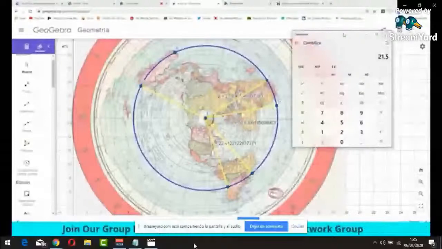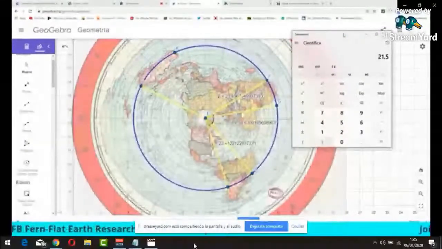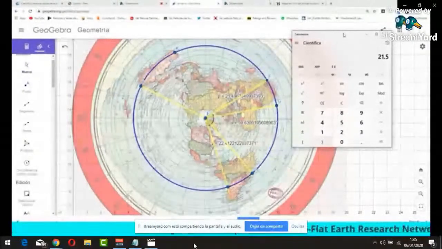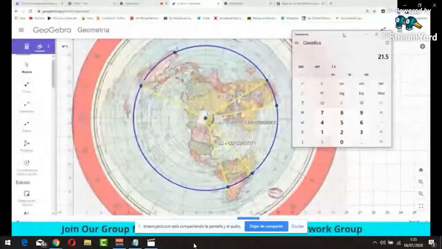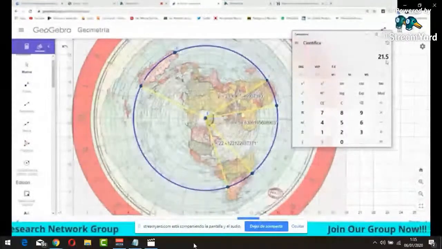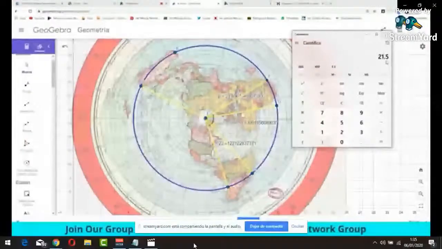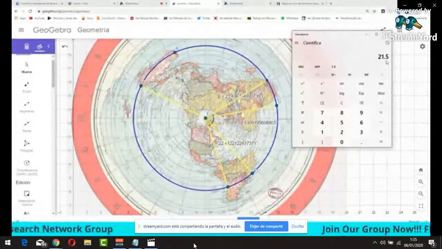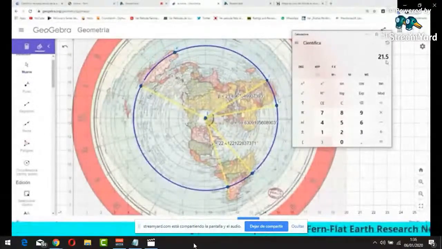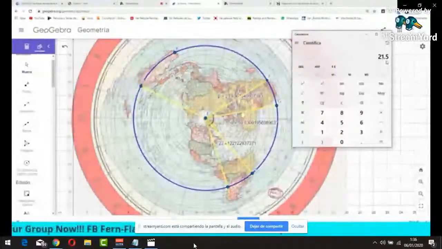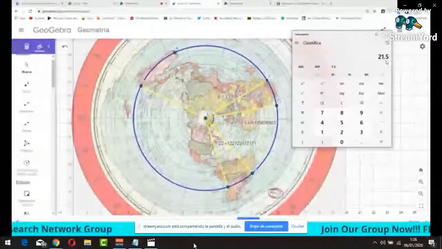For now, our calculation is that the size of Capricorn is 21.5 degrees. 21.5 is to 360 like 2063 is to x.